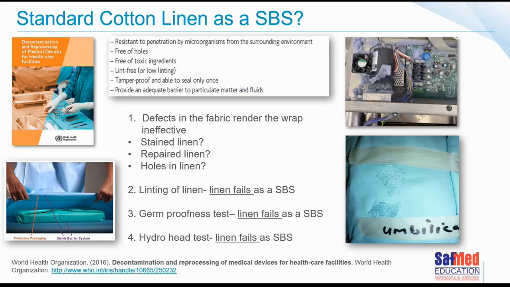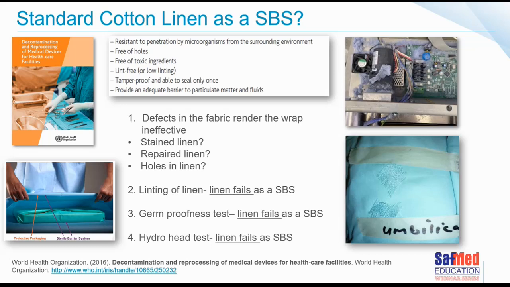And we know that our sterile barrier system is supposed to be resistant to penetration by microorganisms, free of holes, free of toxic ingredients, lint-free or low linting, must be able to seal it in a manner that is tamper-proof, and it should provide adequate barriers to particulate matter and fluids.